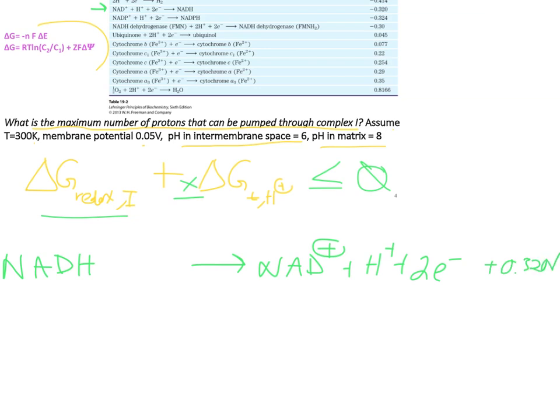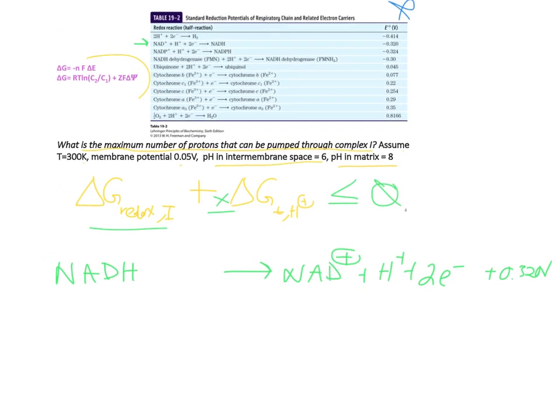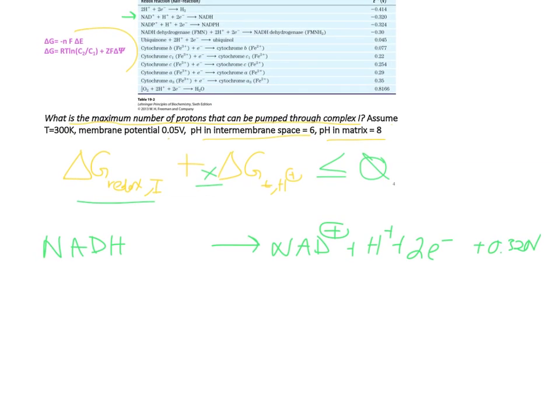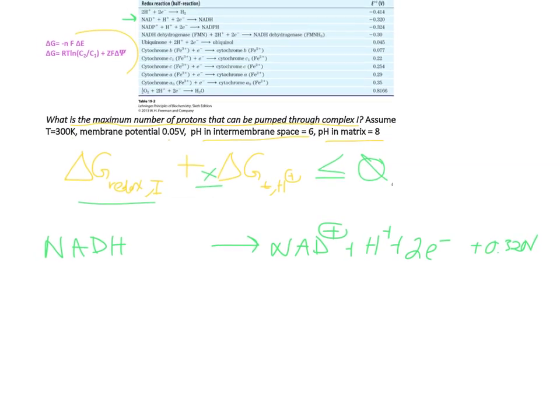So this is going to be a positive 0.320 volts. And through complex 1, when complex 1 is done passing, it finally passes to a ubiquinone. So I know that we are going to pass to a Q, and that will make a QH2. Okay, and that's this equation right here.